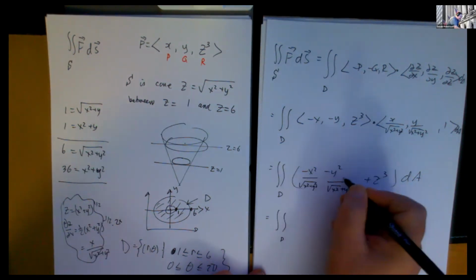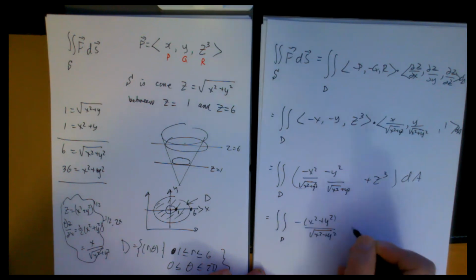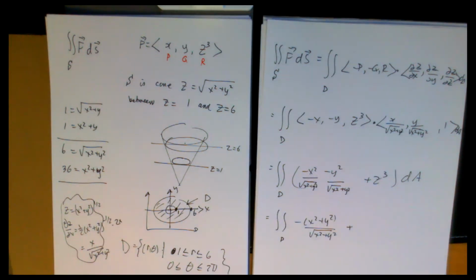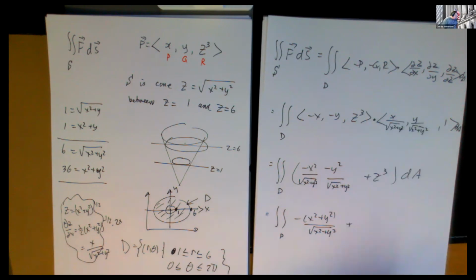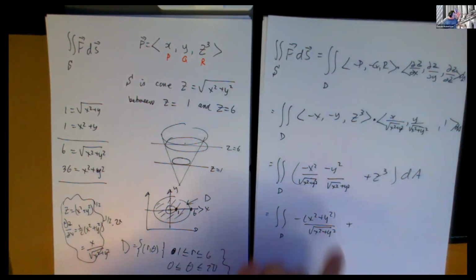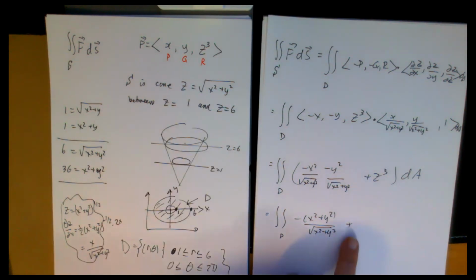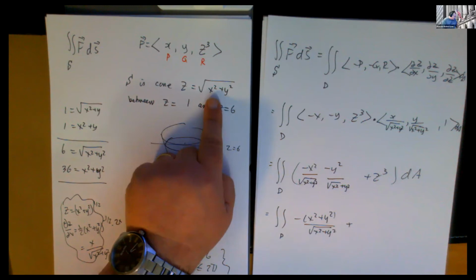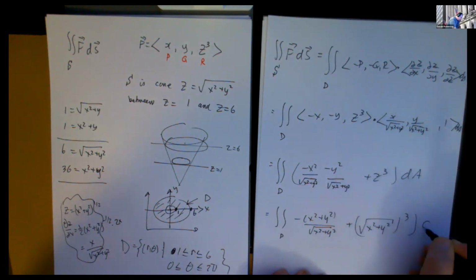If I combine these two guys together, can I get a single one of these over one of these? You happy with that? A negative x squared and a negative y squared gets me negative x squared plus y squared, and they both share a common denominator. On the other hand, won't z cubed just be this guy up here cubed? Right, z cubed is this z here cubed. So that's going to be the square root of x squared plus y squared cubed dA.